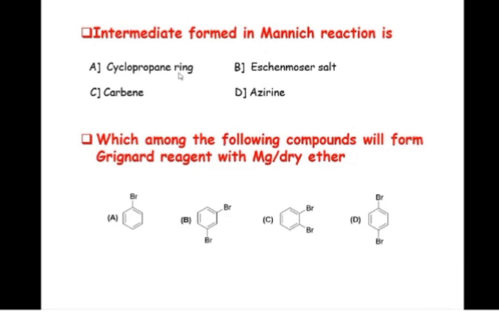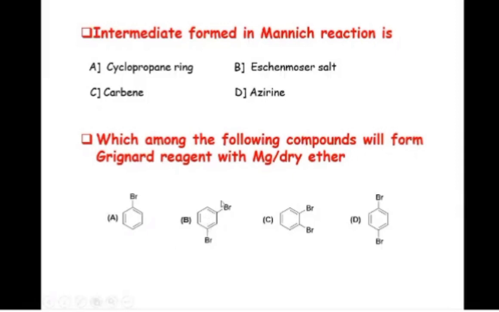Accordingly, see over here, as my question is which among the following compounds will not form. In bromobenzene, we will get PhMgBr, no doubt, and we have studied n number of reactions of PhMgBr.